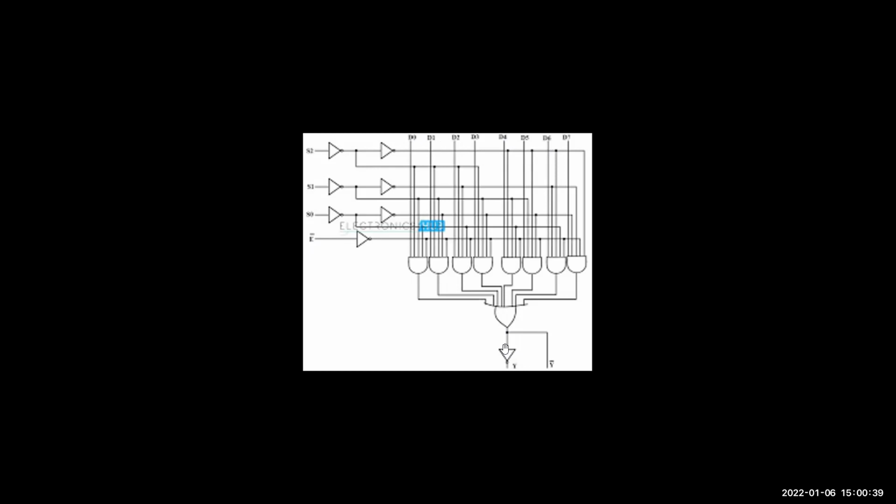So this is the logic diagram of IC 74151, with 8 four-input AND gates, 7 NOT gates and an OR gate. With their help, we can easily construct the 8:1 multiplexer.